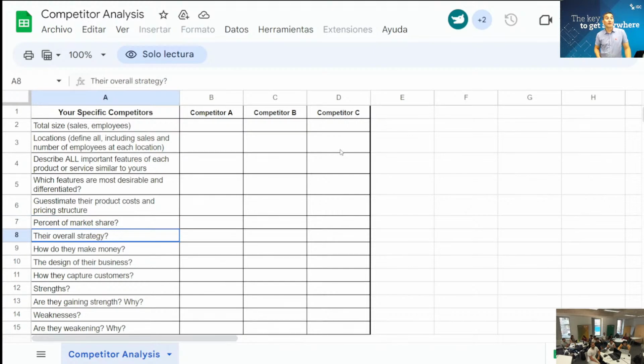Who are the customers, who do they sell to, how do they sell, what are the promotions, which are the channels, and all that information will also help you to build your strategy. How do they make money? Sometimes there are products in companies that subsidize other products. So you need to be able to identify them.